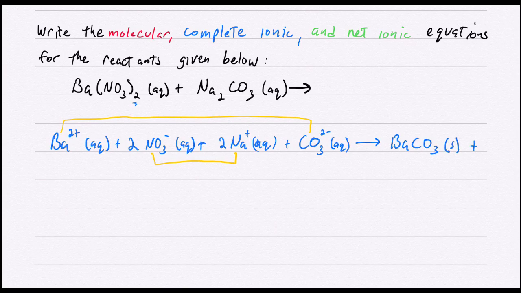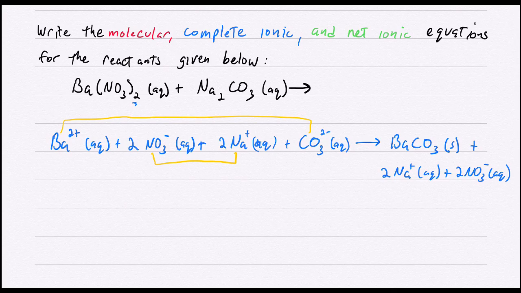And then the other result, the sodium and the nitrate, if we look at our solubility rules, we see that both sodium compounds, or any compounds that contain nitrates, are always soluble. So that means they will not form precipitate, and so we're still going to have 2 sodium ions aqueous there and 2 nitrate ions also aqueous there as well.